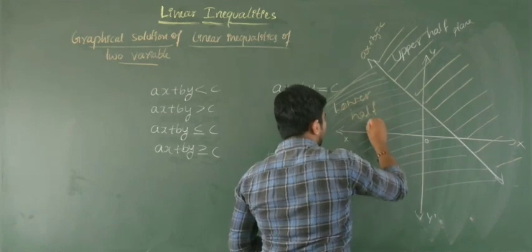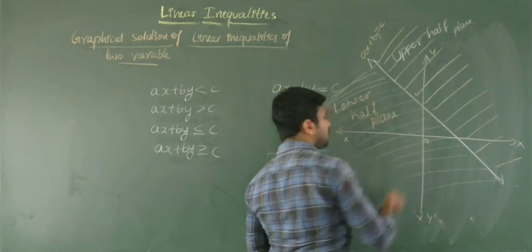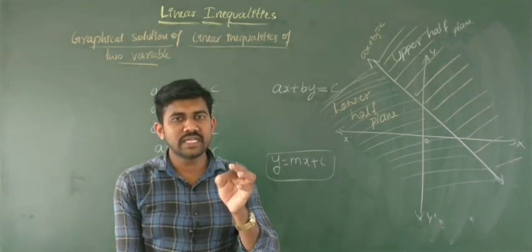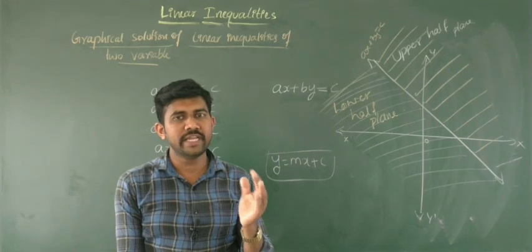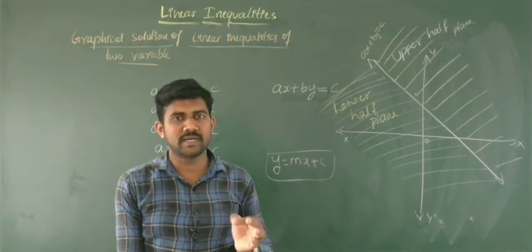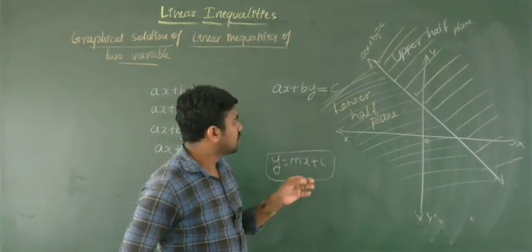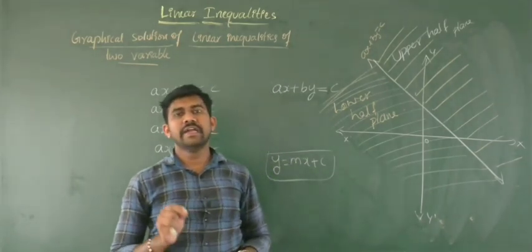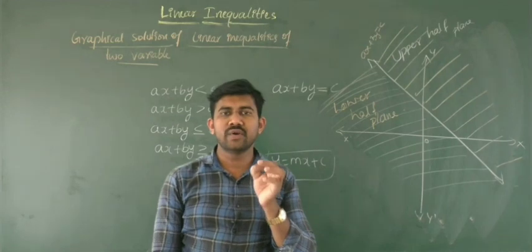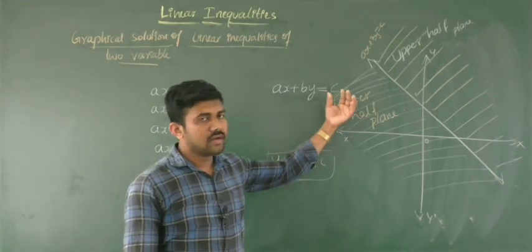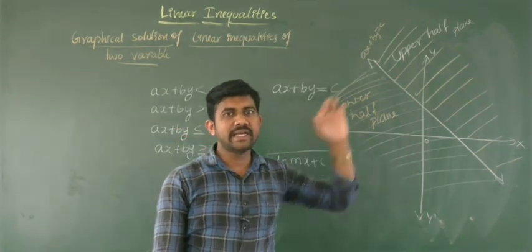So remember, if you have a vertical line, that vertical line divides the plane into two parts, that is left half plane and right half plane.